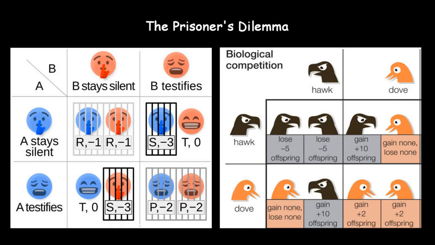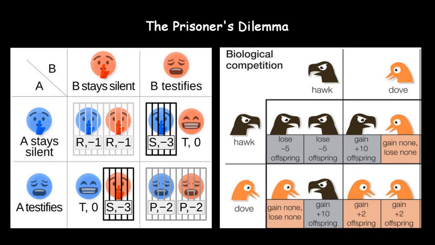If B stays silent and A testifies, just the reverse happens. But if they both stay silent, then they both have only 1 year to do, and then they get out. And I'll just quickly say, on the right you've got a hawk and a dove, and if they both learn to walk away, they both get 2 offspring.